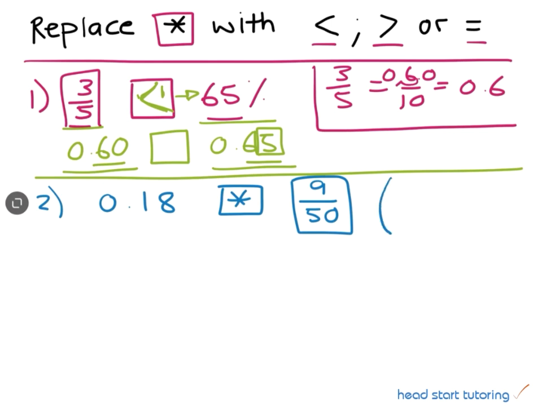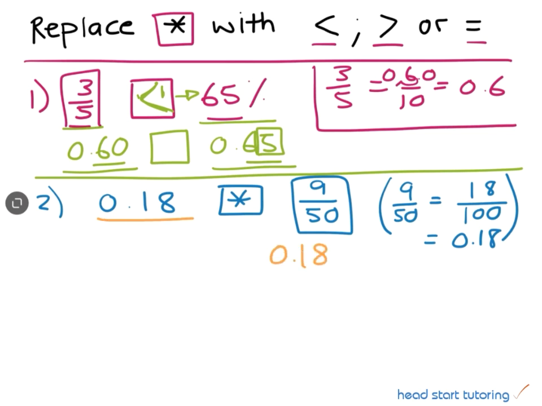Let's do it on the side. 9/50, we can get into an equivalent fraction out of 100, which will be 18/100, and 18/100 is equal to 18 divided by 100, so that will give us 0.18 as a decimal. So we can now look at 9/50 as 0.18, and we're comparing that to 0.18. What we can see is that they are equal.